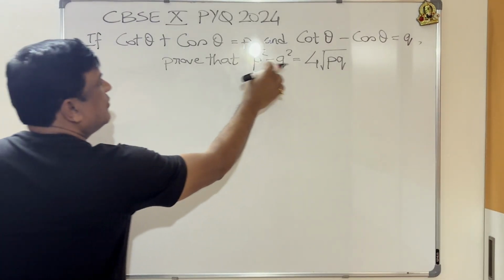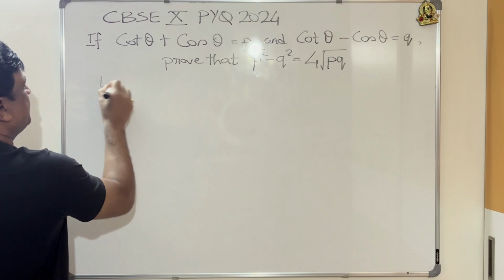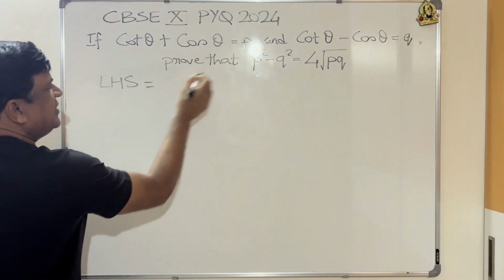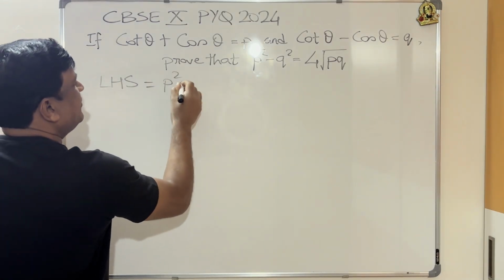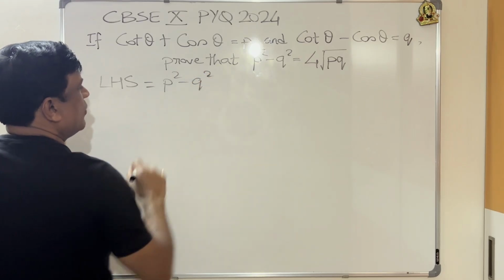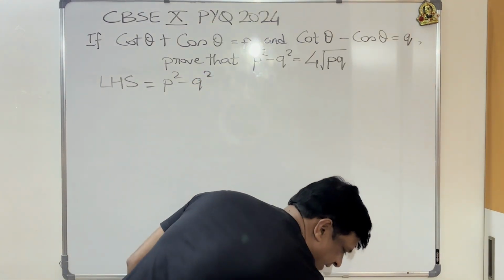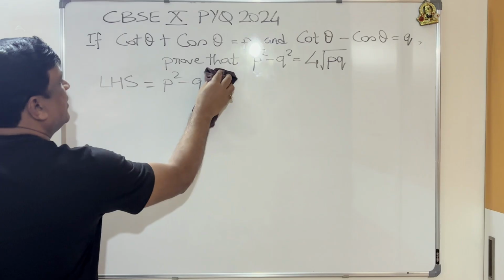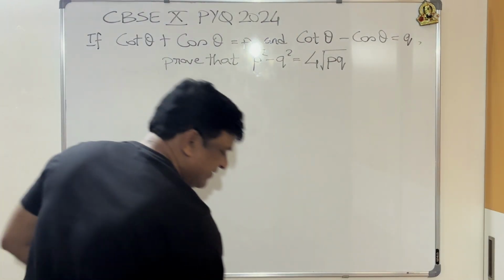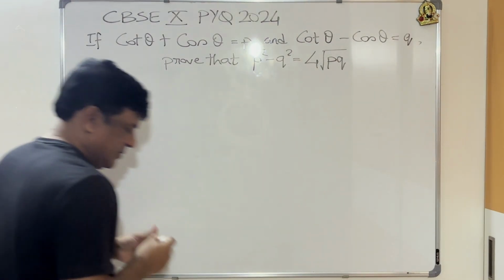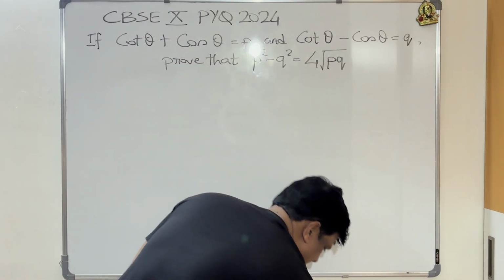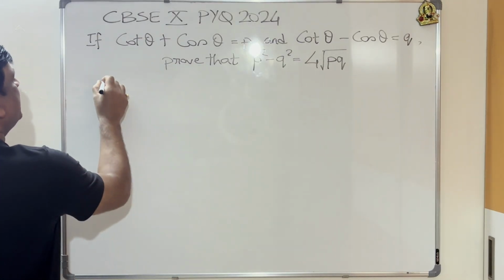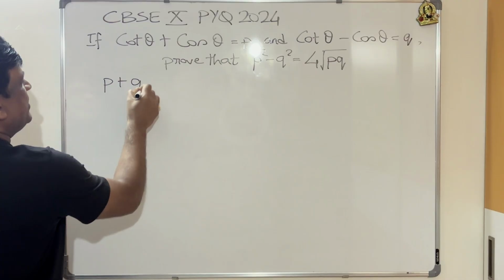Okay, so first let's take LHS. LHS is equal to P square minus Q square. Even before I go there, let's find out P plus Q. What is P plus Q?